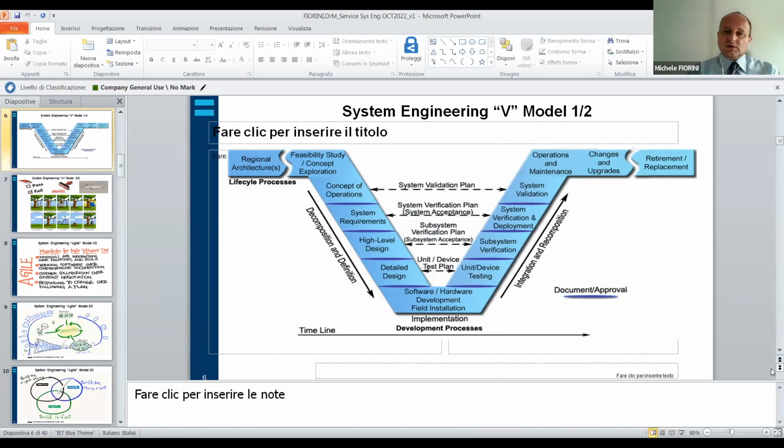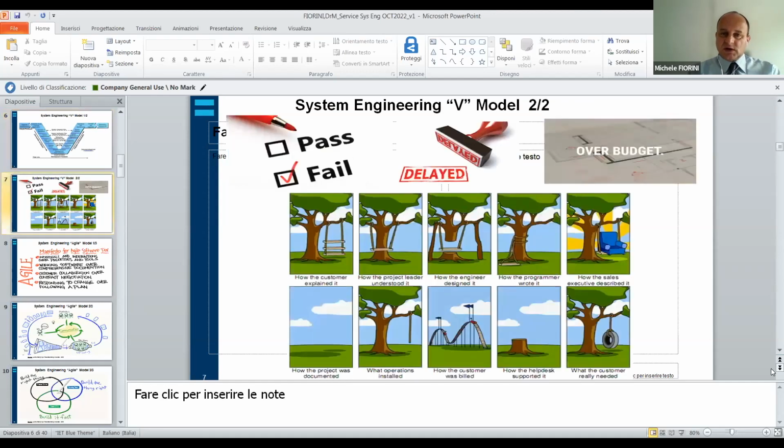And therefore, from system engineering, we move to different models. There are a number of reasons for that. The first one is that statistically, the great part of projects are unfortunately failing. This doesn't mean that they don't deliver their technical scope, but quite often they are delayed or over budget. Therefore, in terms of project, they are failing for this reason.